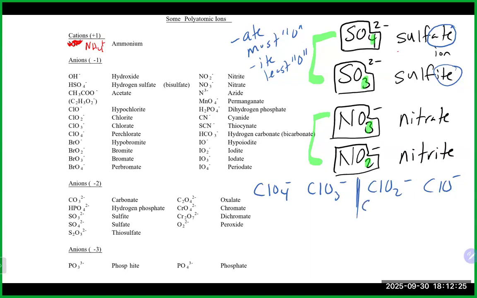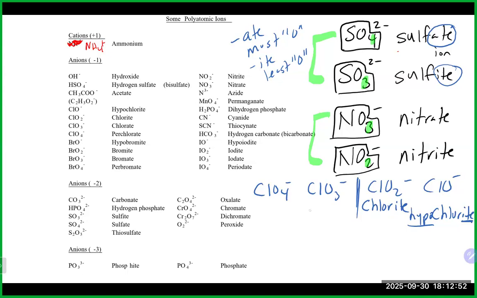So we know that they should end in ite, right? So that is chlorite. We know that this guy here will definitely be chlorite. And clearly we cannot have the same name for 2 different things. So in a grouping of 4, the one with the least number of oxygens, in addition to ending in ite, will start with hypo. So that is hypochlorite and chlorite.